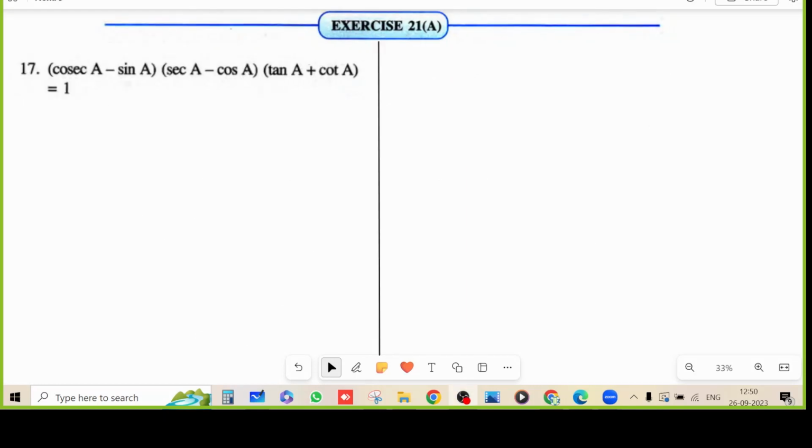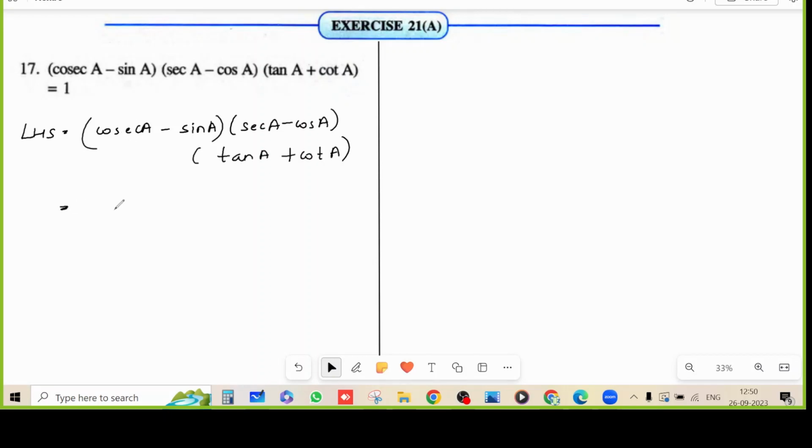Let's now begin with the question number 17. The left hand side is given as cosec A minus sin A into sec A minus cos A into tan A plus cot A. Here we are going to convert all the terms in the form of sin and cos.